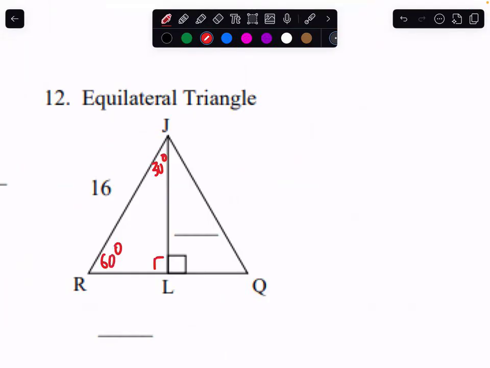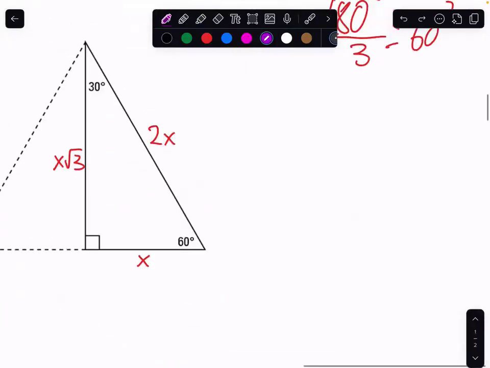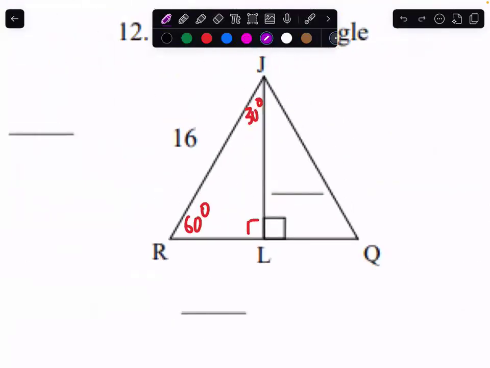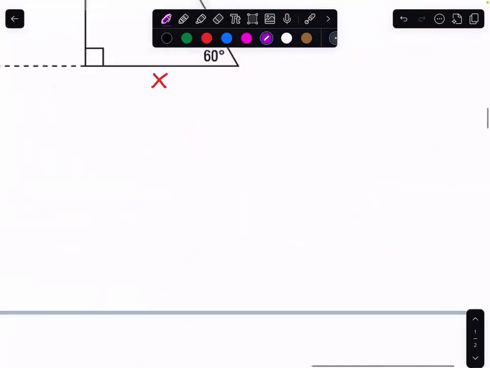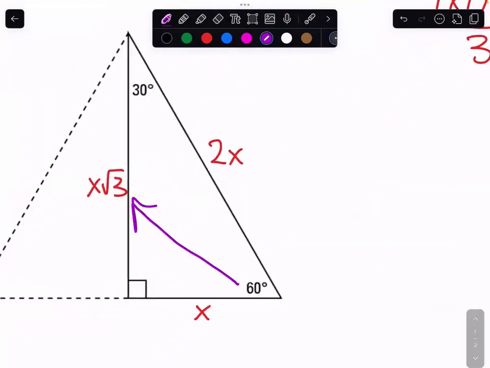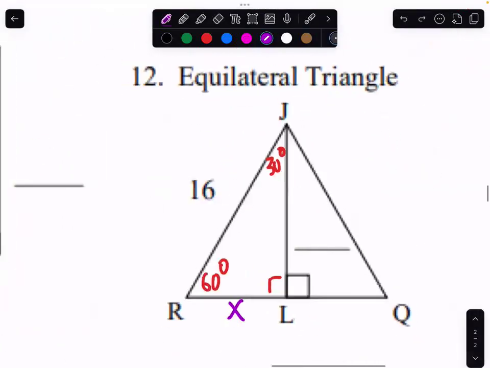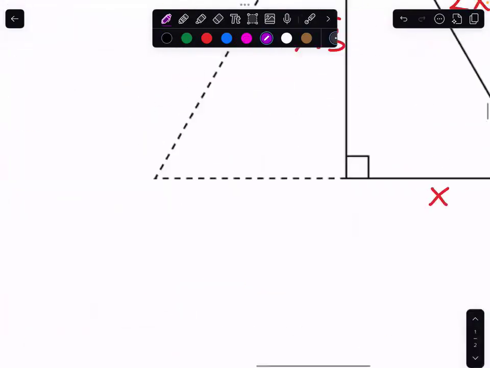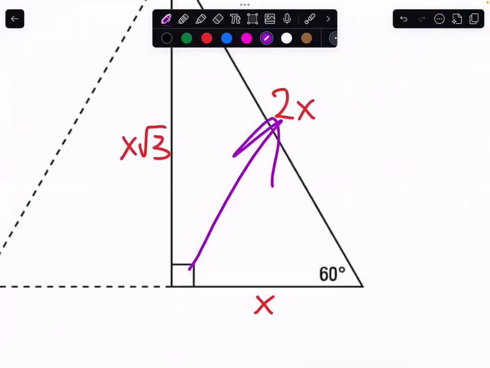What I would do is label the three sides with the same names we gave them on the front page. The shortest side opposite the 30 degrees, I'm going to call X. The in-between side, opposite the 60 degrees, I'm going to call X radical 3. And the hypotenuse, opposite the right angle, I'm going to label as 2X.